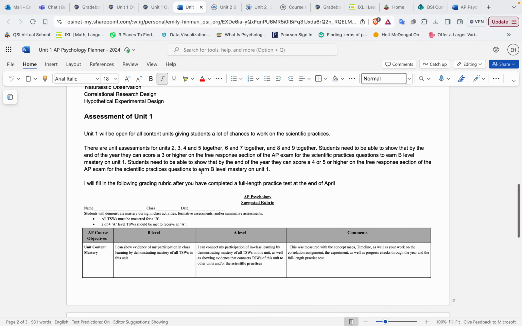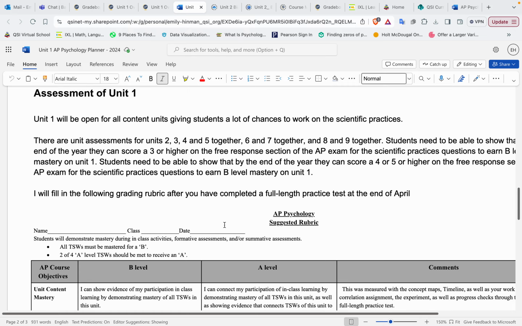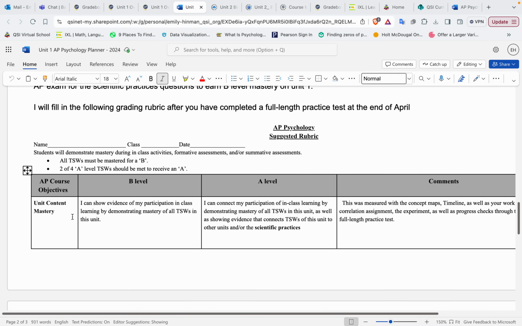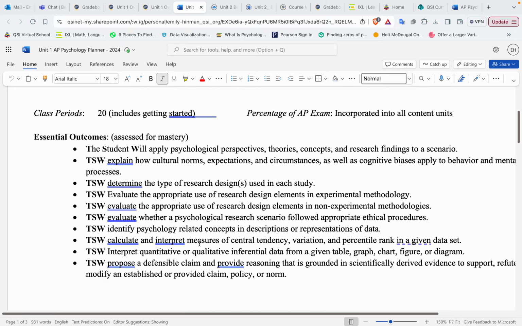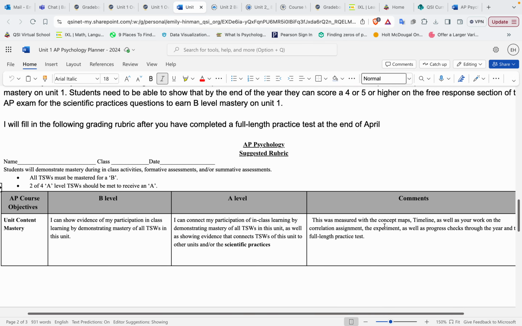Every rubric for QSI is very similar. There's going to be a statement on mastering these statements. So what have we done for that? Well, you've done concept maps, a timeline, a correlation assignment, an experiment, and you will later do progress checks at the end of every unit, and you will also take a practice test.